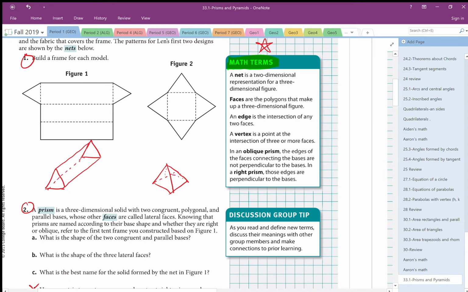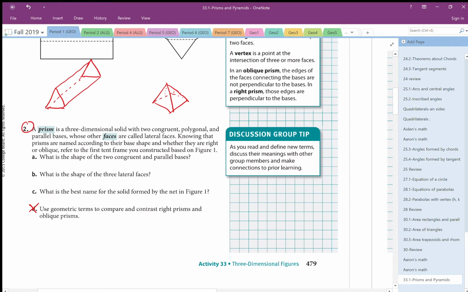Number 2, a prism is a three-dimensional solid with 2 congruent, polygonal, and parallel bases. Let's think about that. It has 2 congruent bases, and the bases are polygons. Its other faces are called lateral faces. When it says other faces, that implies that a base is also a face because it is a side of the figure, but the main sides of the figure, which are not the bottom or the top, are called lateral faces.